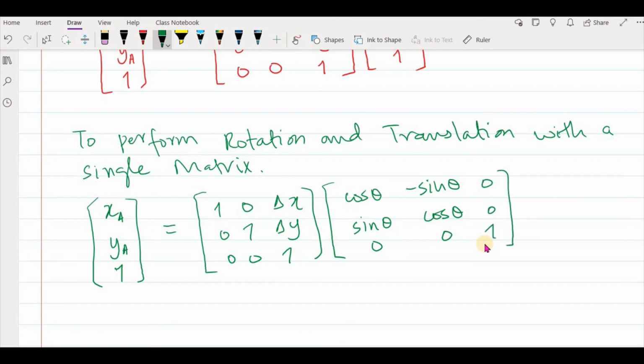Then you multiply it with the coordinates of frame B.